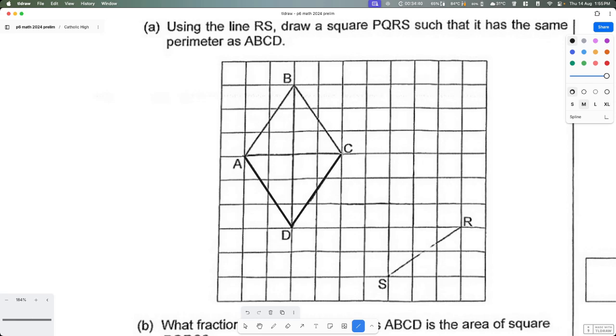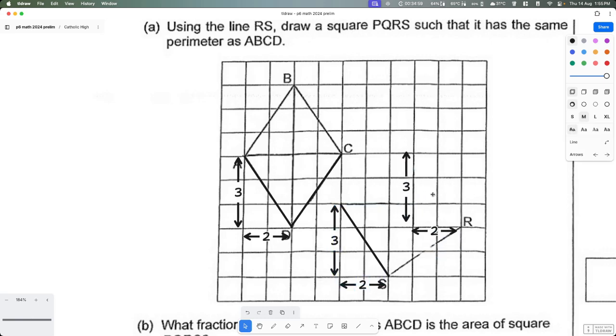In this case, the rhombus is 2 squares across and 3 squares up. So you can do the same to this part over here as well, so it's 3 is to 2. Same goes to this part, if you align like this, then you can draw 3 is to 2 as what you see over here.